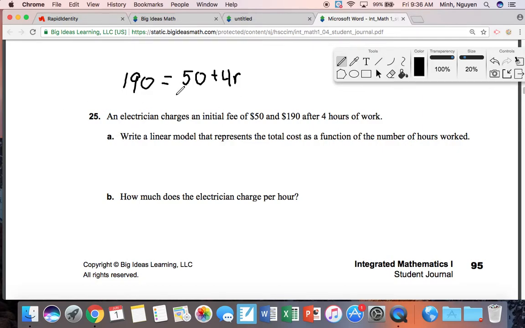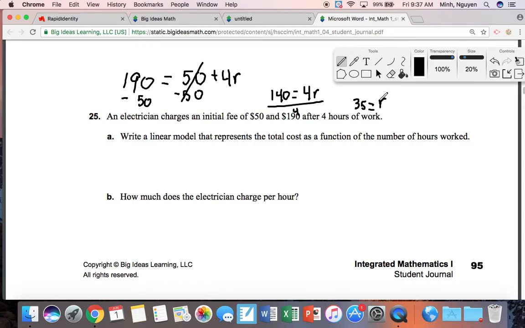So we got to figure this out. Subtract that. We get 140 equals 4 times his rate. So divide both sides by 4 and you get 35 equals his rate.